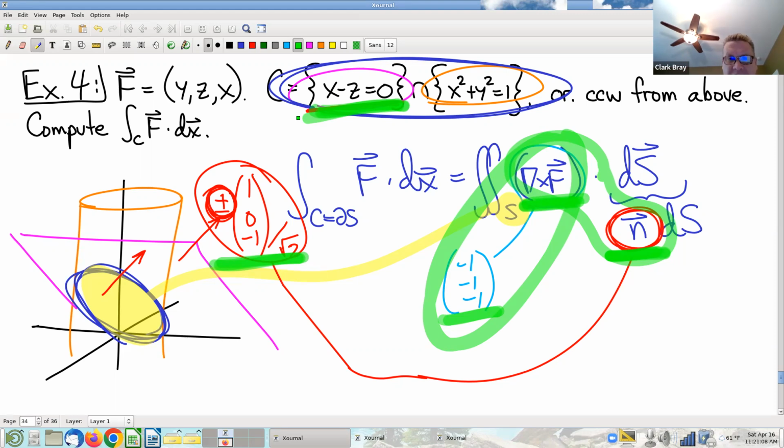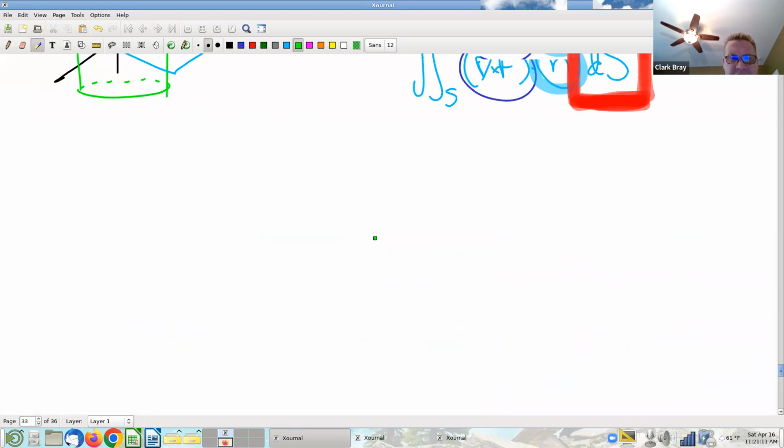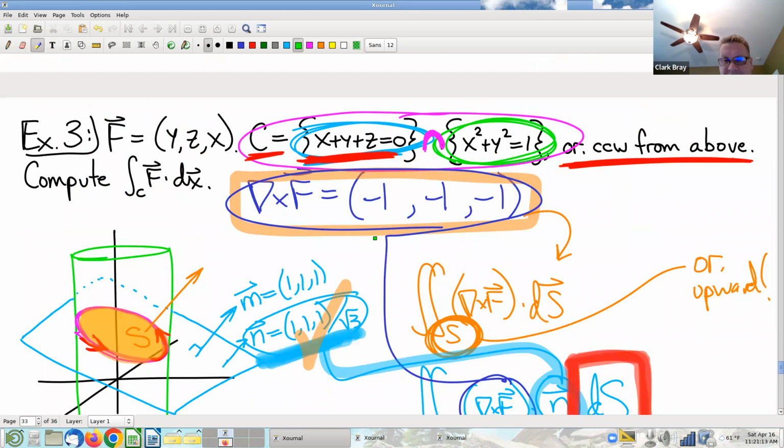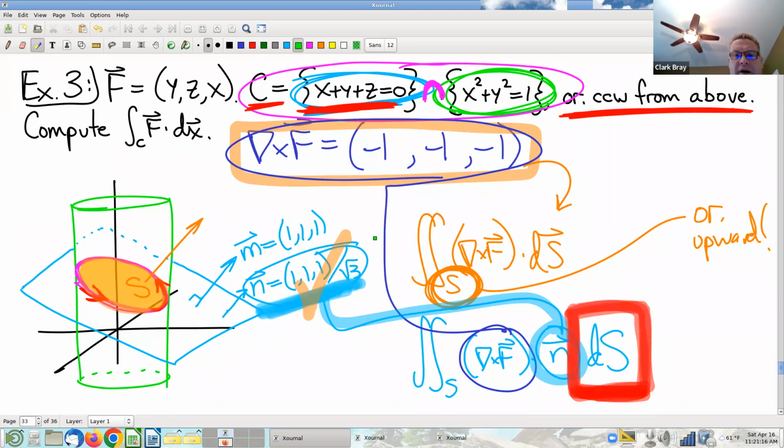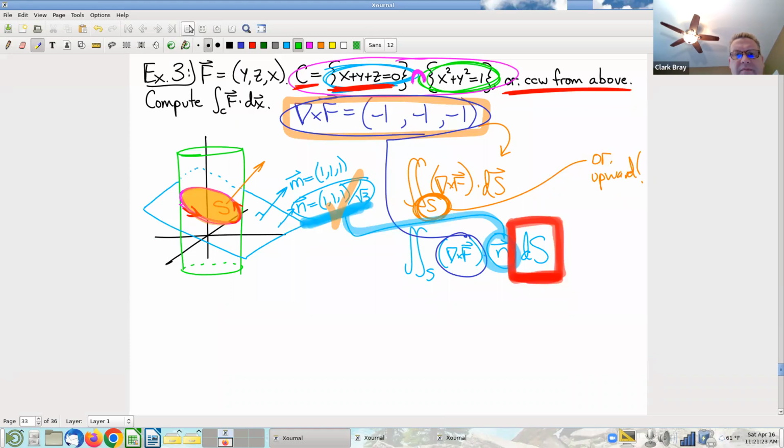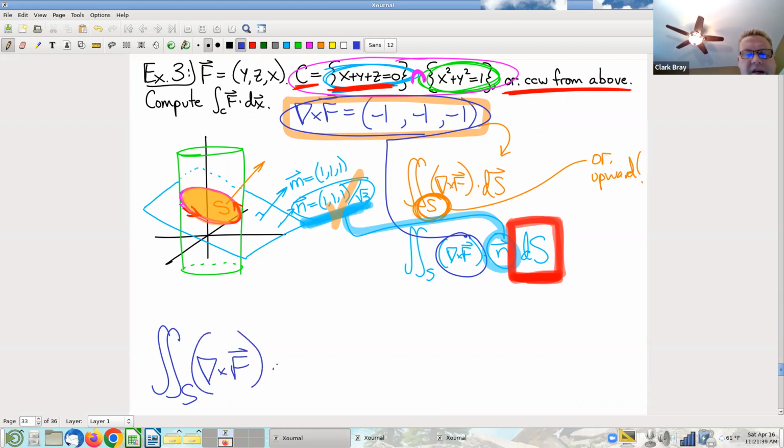It does occur to me, one last thing. I am going to go back to example 3 here and say one last thing about it. There's a big mess on the page here. But let me write down what we agreed on for this question: the best way to answer it would be to compute the line integral by way of a flux integral of curl F dot capital N dS dt.